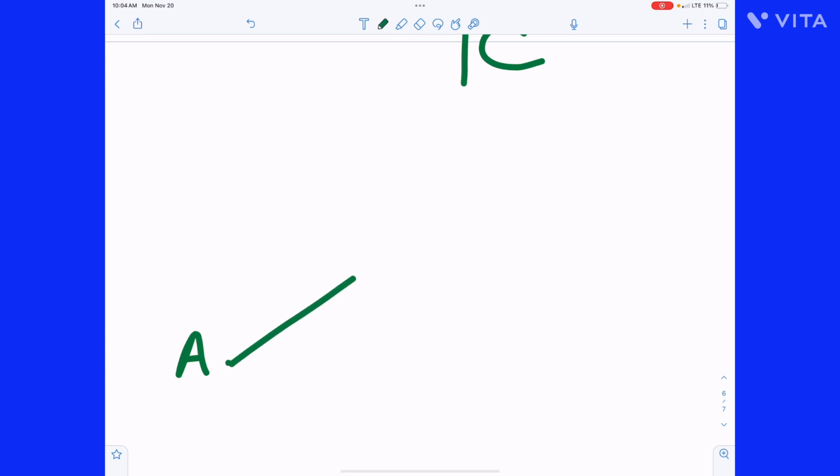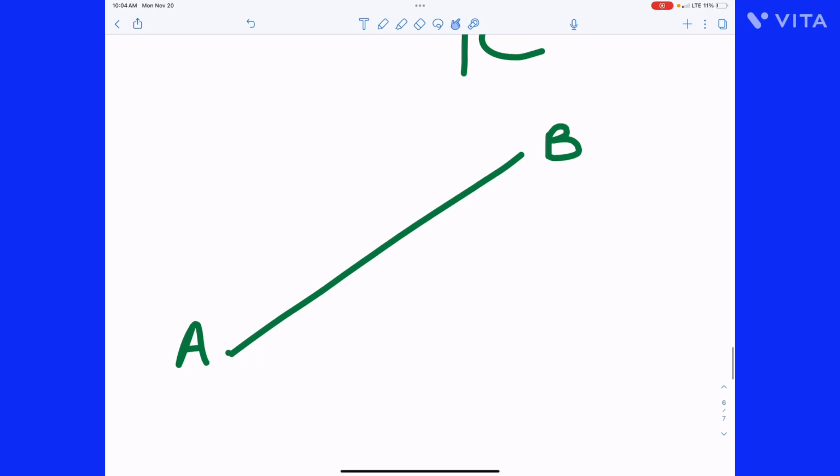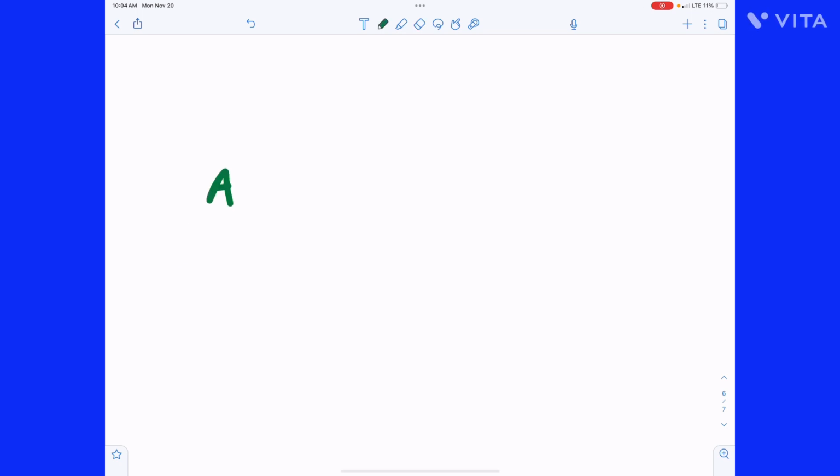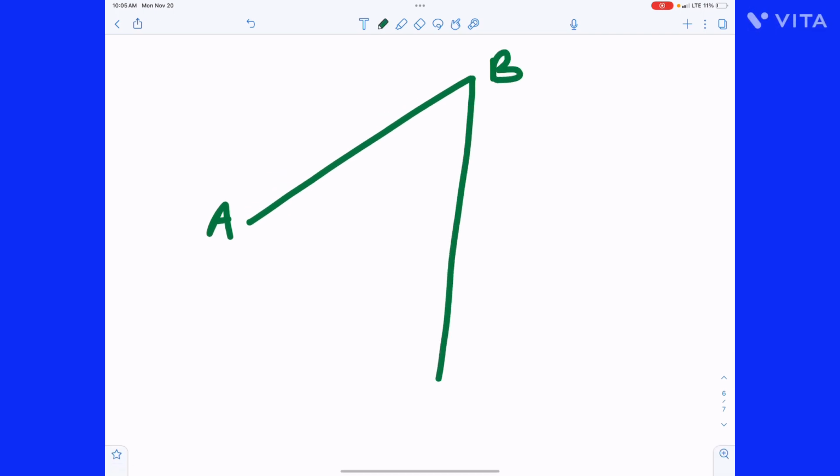This is point A. B. This is point B. Then let's make this place C. Okay, I think I made the A too big. Let me reduce it. Point A, then point B, then point C. So I already have this 78 degrees.